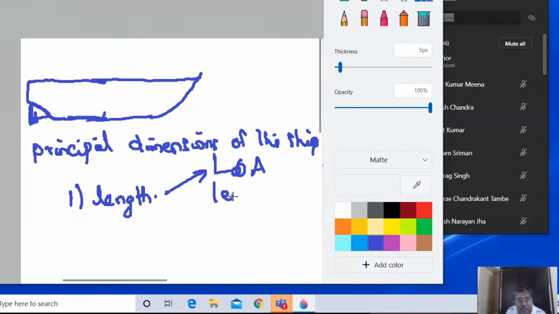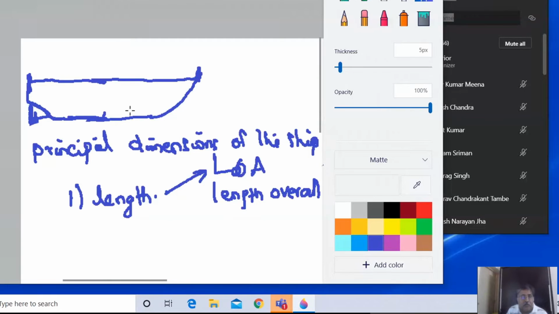It is known as the length overall. This is the distance starting from here going up to here. The overall length of the ship. It is from the aftmost point, it will start from here and go up to here. This is the maximum length of a ship.